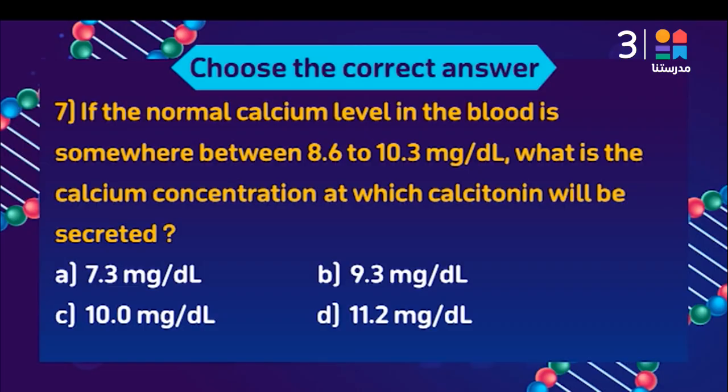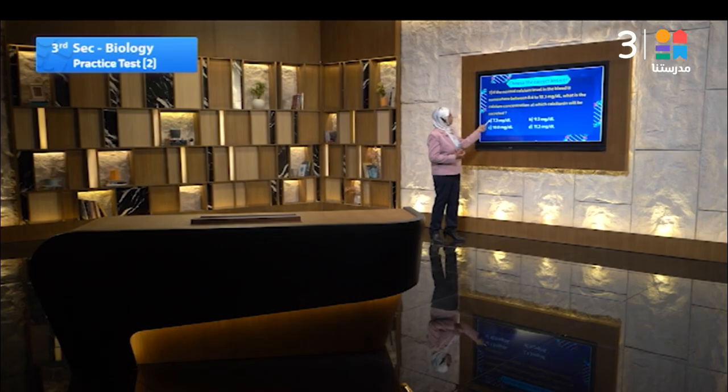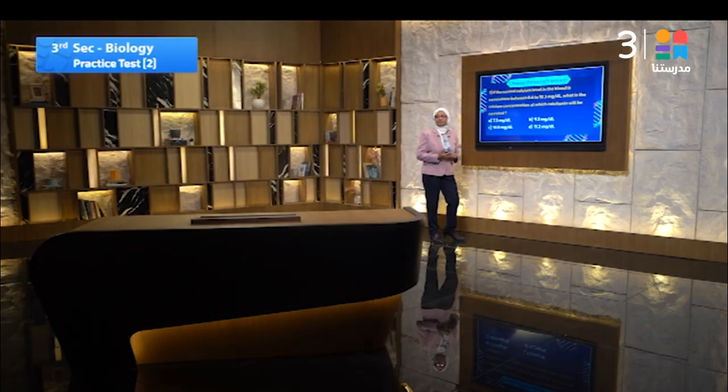If the normal calcium level in the blood is somewhere between 8.6 and 10.3 milligrams per deciliter, what is the calcium concentration at which calcitonin will be secreted? Now, the calcium level is affected by the calcitonin hormone.